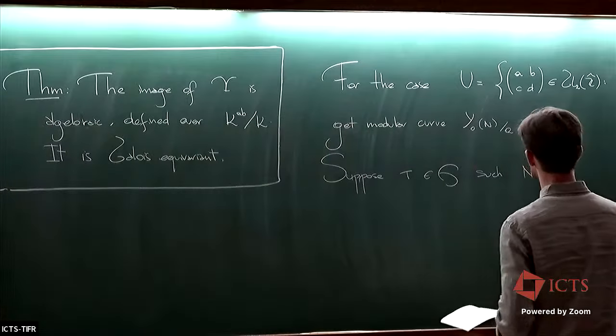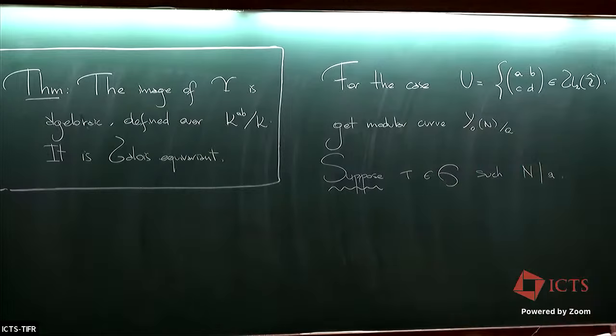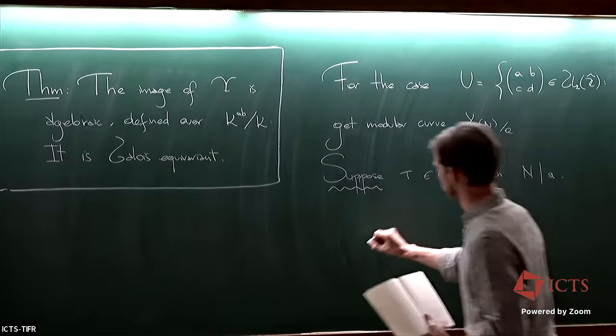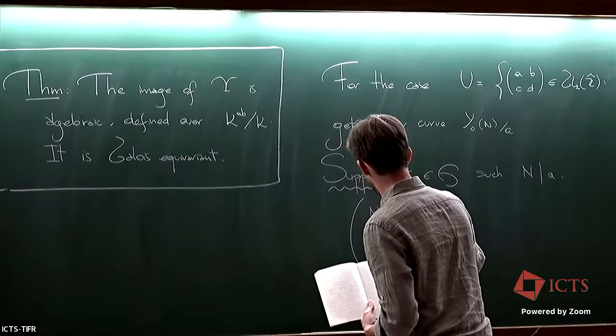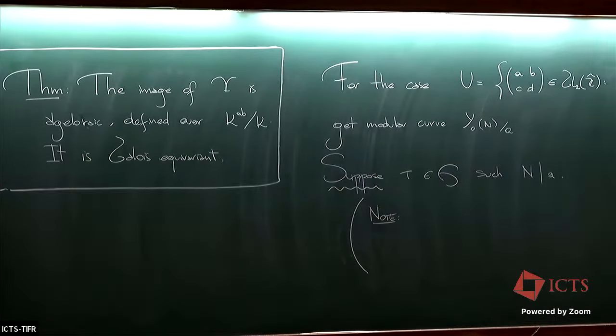Okay, so suppose that we have that. Now, is that possible? Well, sometimes it's possible and sometimes it's not possible. Because this tau has a certain discriminant. And depending on what that discriminant is, this may or may not be possible.